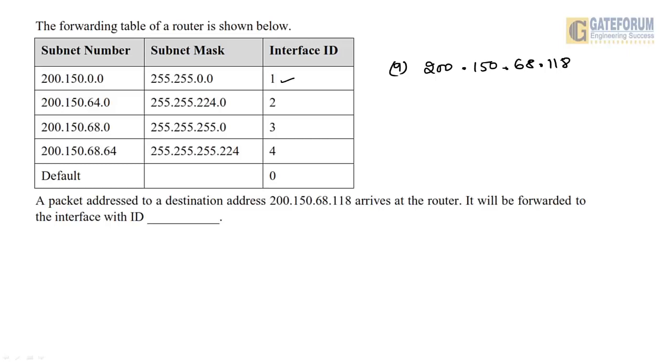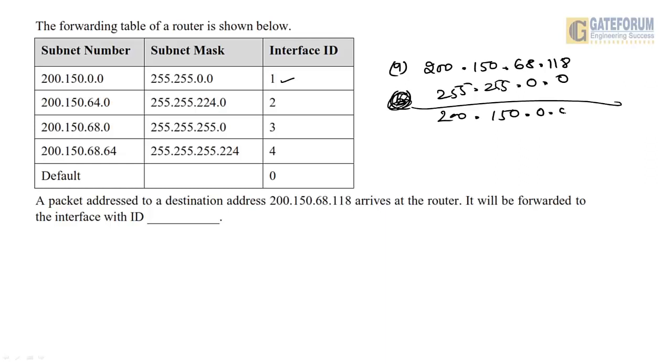Now this address is ANDed with the interface 1 subnet mask, that is 255.255.0.0. So it gives 200.150.0.0, which matches its subnet. So there is a match.